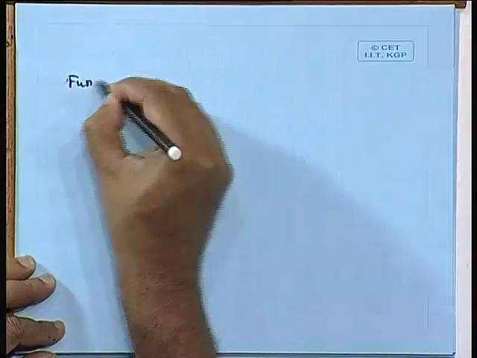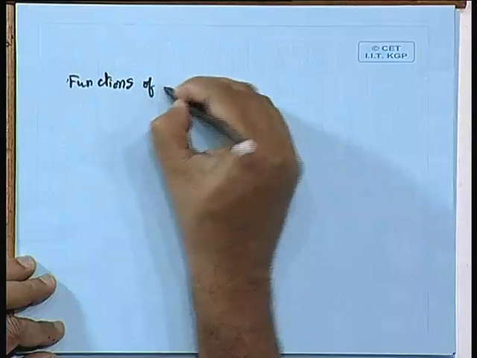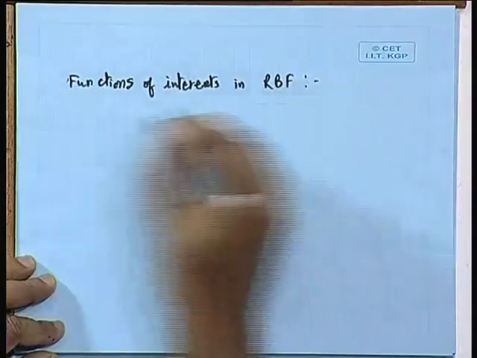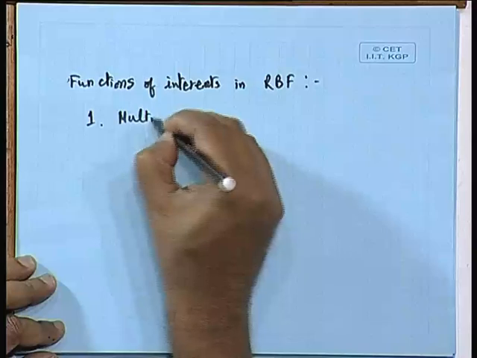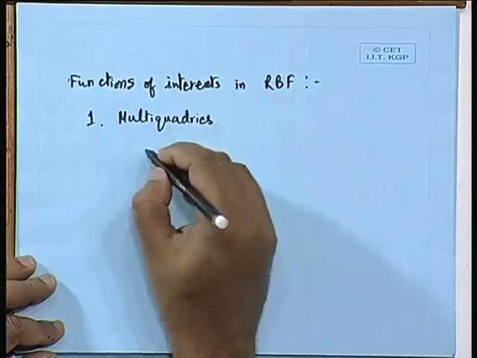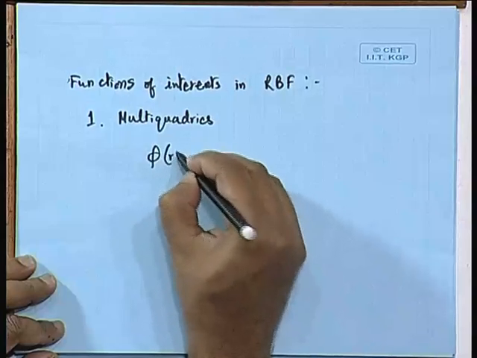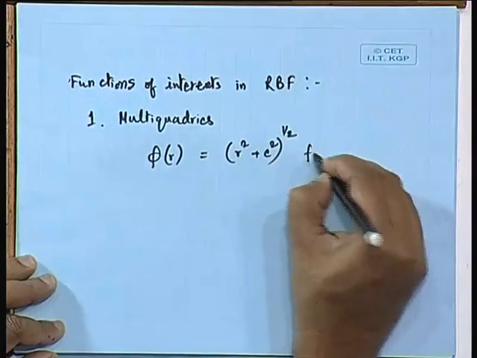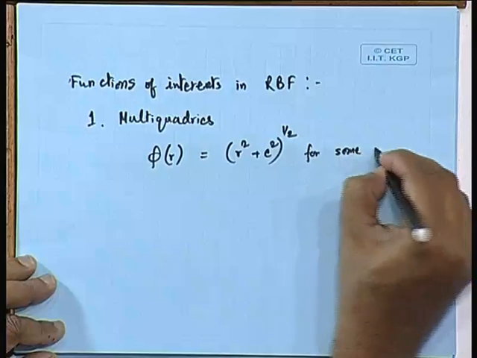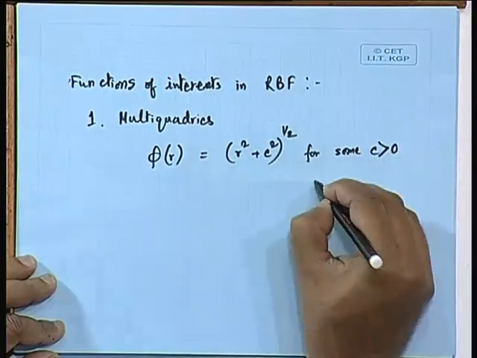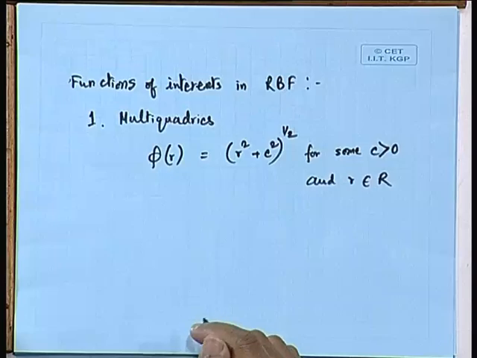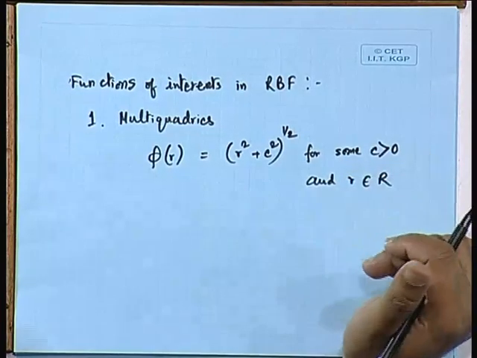And some of these very popular functions of interest in RBF are multi-quadrics. Now, the multi-quadric expression is given as phi(r) equal to (r square plus c square) to the power half, where c is some constant greater than 0, and r is a number that exists in the real space, just the R space, one-dimensional real space.